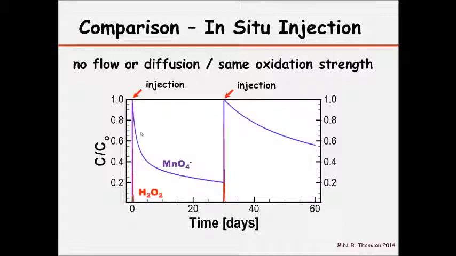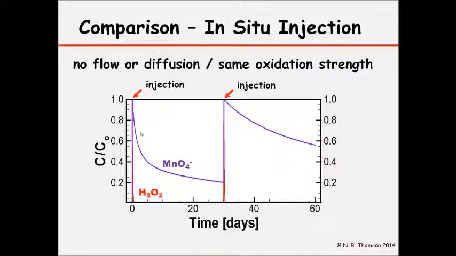Here's the profile for the permanganate ion. After the first injection, not all of the NOD is consumed, but some of it is. So the second injection at day 30 shows that the profile is not the same.